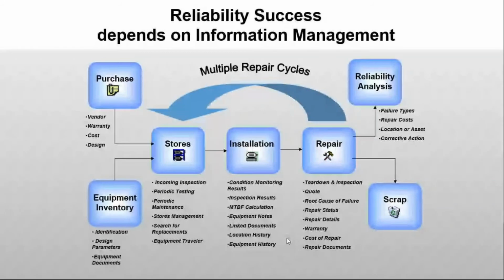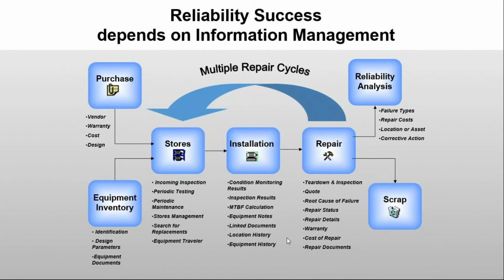After some period of operation, you may need a repair, and you might repeat that cycle of going to stores, going to a service installation, going to repair many times over the usable cycle of a piece of equipment until it gets to the point that it's no longer practical to do a repair or revival of that piece, and that piece of equipment gets scrapped.